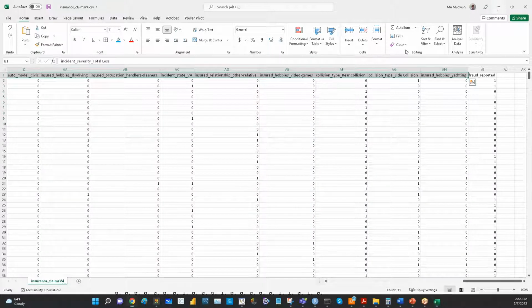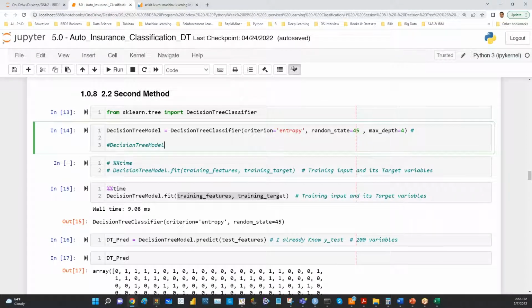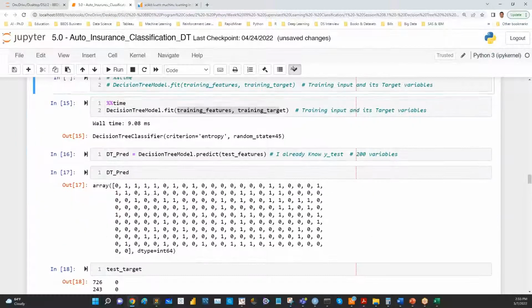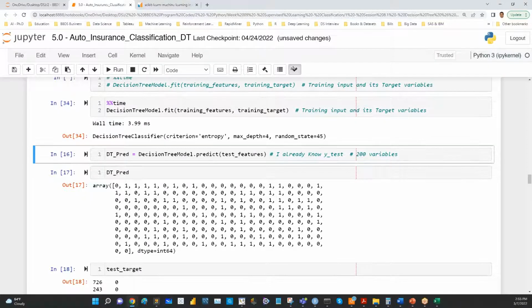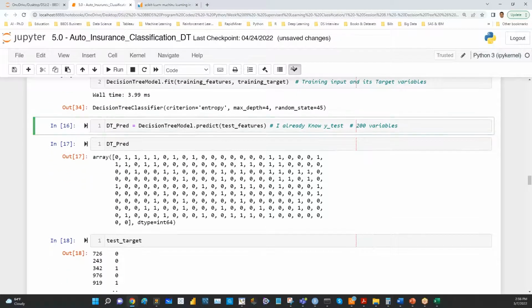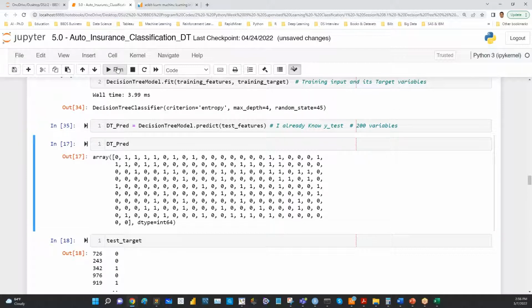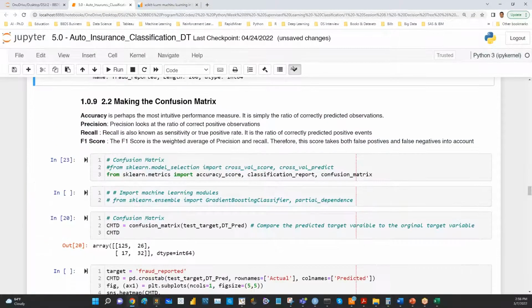Okay, got it. So now we are going to stop at 4, run it again. We are going to train the model again. So this one is 3.99 milliseconds. It's much faster. Now we are going to hide that single feature, the actual from the prediction from the model, and we are going to compare.